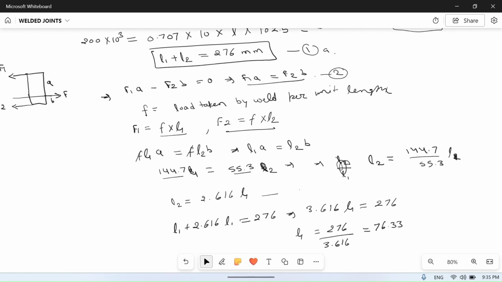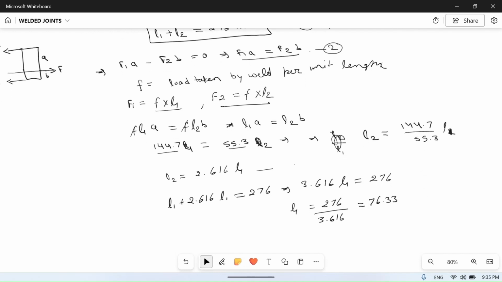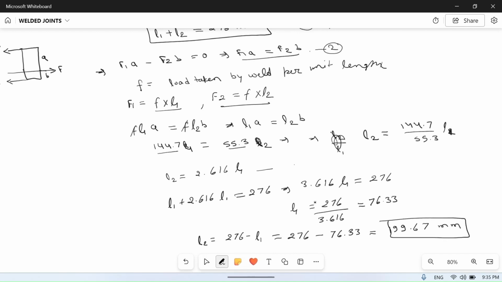Okay, now L1 plus L2 is 276, so L2 will be equal to 276 minus L1, which will be equal to 276 minus 76.33. So it will be equal to 199.67 mm. So this is value of L1, this is value of L2.